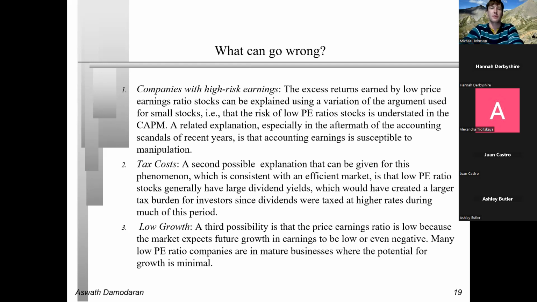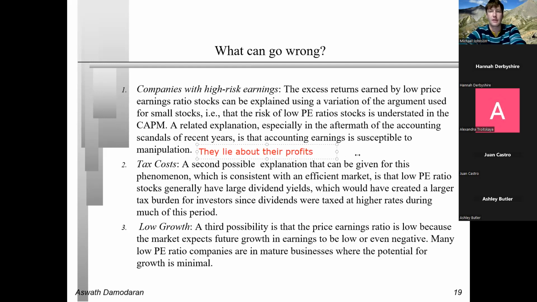For example, they may be making up their profits. They may be stating that their profits are high, but it's all fake. That's happened in the past where they lie about their profits. So that can be a big issue.